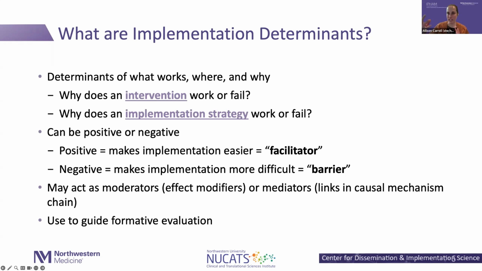So that's a positive, that's a facilitator. Whereas in the other direction, having low socioeconomic status is a barrier, as it makes it more difficult to access healthcare. You're more likely to have poor health outcomes. So hopefully that's a helpful tidbit when we're thinking about determinants of implementation as well.